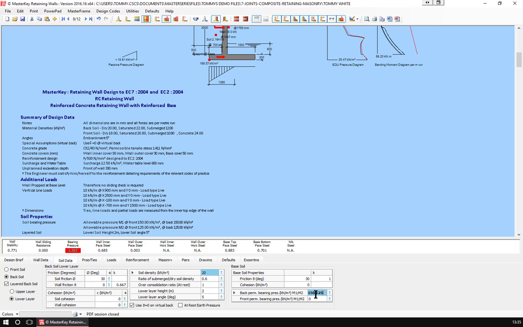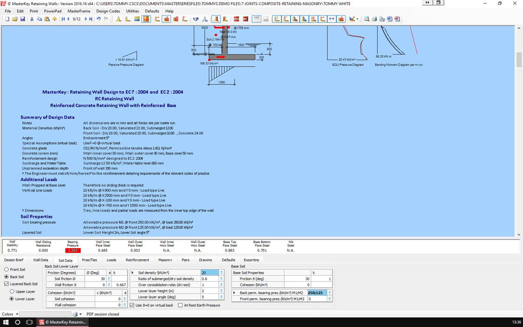So you can have the two bearing pressures. The other thing is we have the back and the front bearing pressures the same. If you leave that, they're all the same, whereas I could increase the bearing pressure here and decrease it there, or vice versa, depending on what I'm finding in my design. Naturally, those are really set as limits at which point we show you a failure in your wall, your bearing pressure. So that's of note.